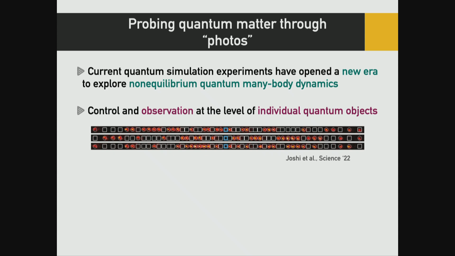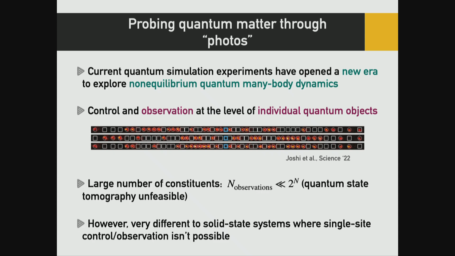Now, this is really amazing because these kinds of snapshots contain lots of information about your many-body state of interest. There are, however, a couple of remarks that one should make here. The first one is that the number of degrees of freedom that you can probe nowadays with current quantum simulators is already quite large, in the sense that the dimension that you can explore by a number of these realizations is still very small compared to the dimension of the full Hilbert space.